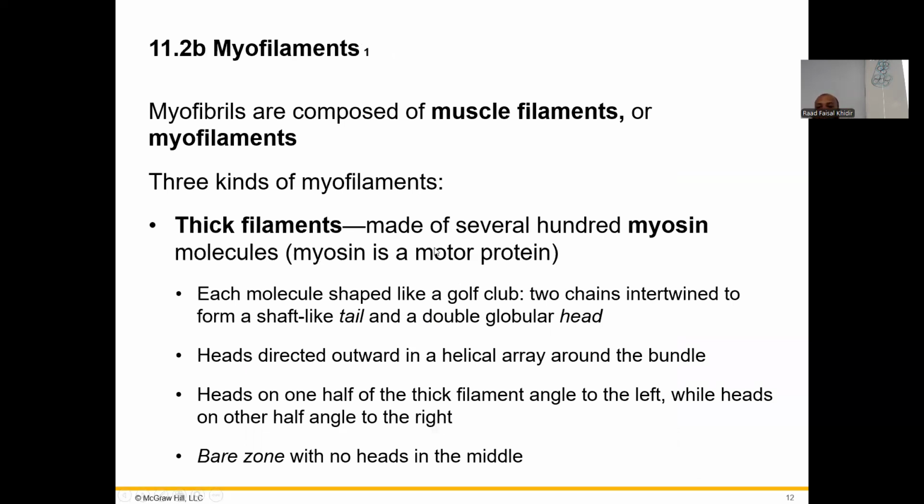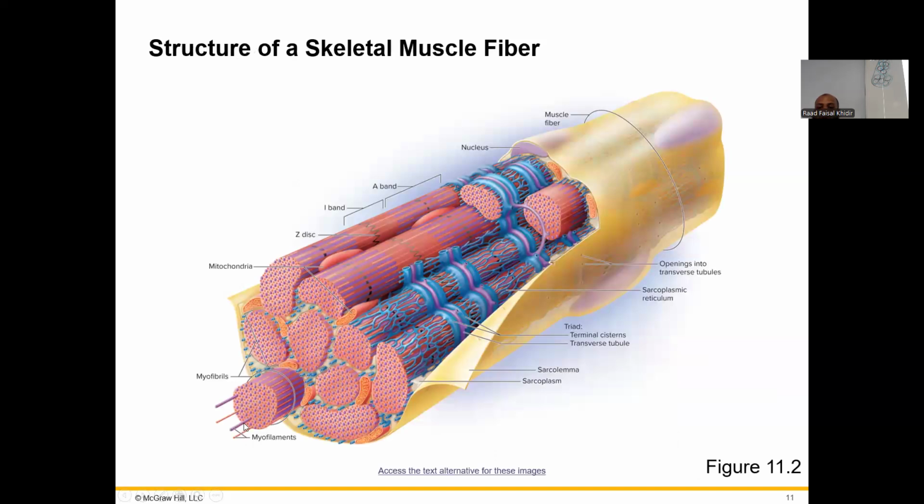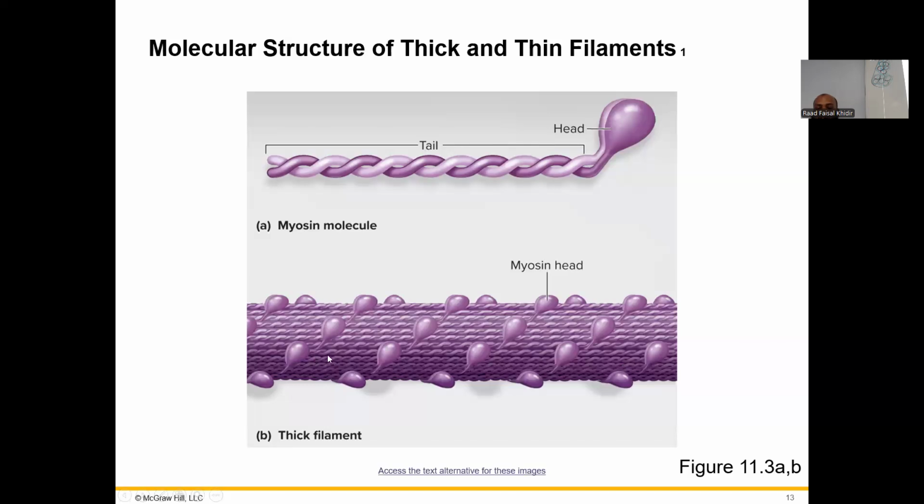These are our myofilaments, and the first type is the thick filament. Myosin has two heads attached to each other with two intertwined tails. Do you see the two intertwined tails? The thick filament is made up of multiple myosin molecules.